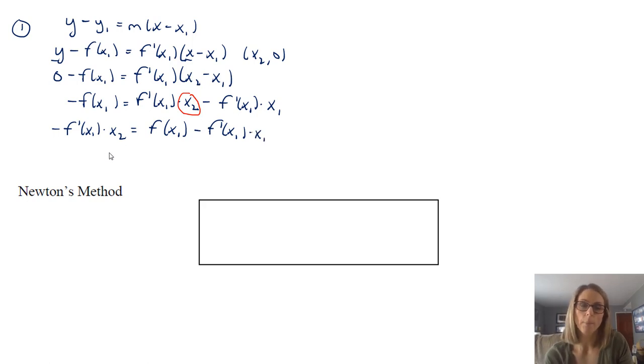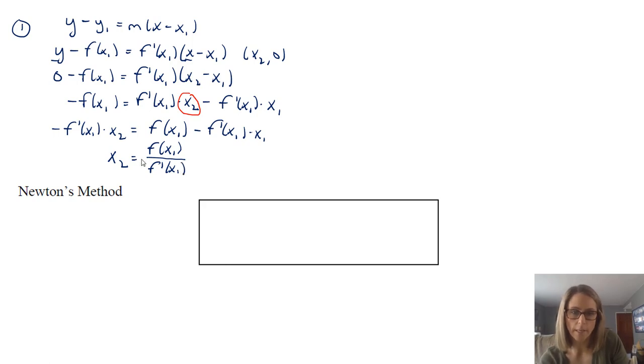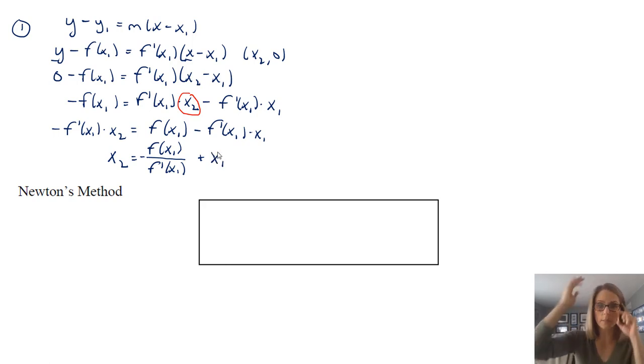And then dividing the whole thing by a negative f prime of x sub 1 is going to give me x sub 2, f of x sub 1 over f prime of x sub 1, and there's a negative on that, so I'll put that here. And then dividing out the next piece is just going to give me x sub 1, because the f prime of x sub 1's simplify to 1, and the negative becomes positive. So we end up with this.